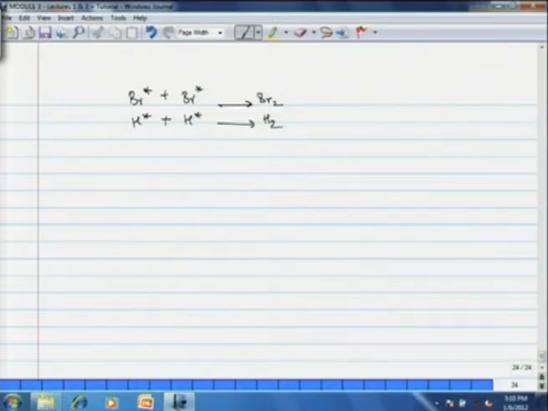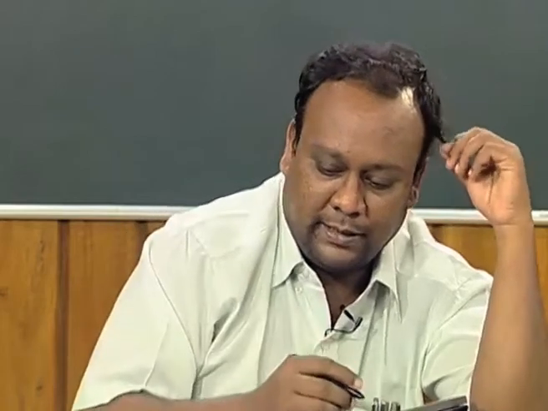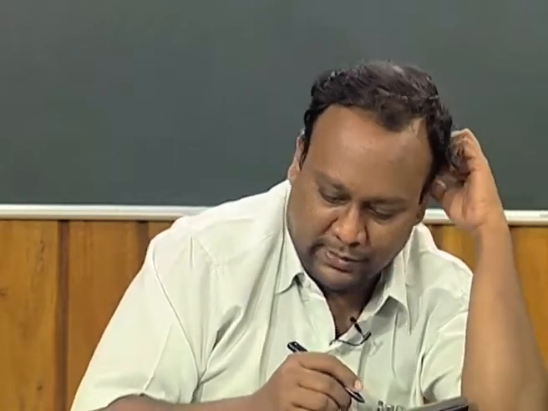Now, if we assume that concentrations of the atomic forms of bromine and hydrogen remain constant throughout this process, then these reactions result in the following non-elementary type of reaction rate expression.